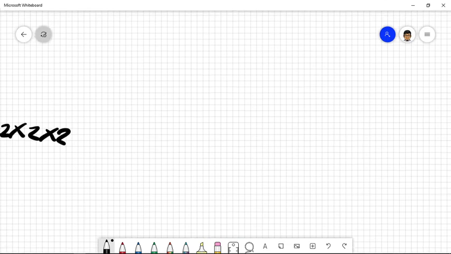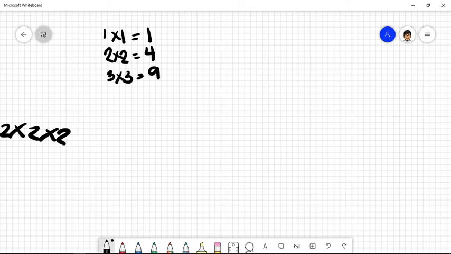Ang positive perfect squares ganito. When you multiply a number to itself, say for example, mag-start ka sa 1. To itself, so sa sarili niya, 1 times 1, ang sagot ay 1. 2 times 2, ang sagot ay 4. 3 times 3, ang sagot ay 9. 4 times 4, ang sagot ay 16. Ang tawag natin dito ay mga perfect or positive perfect squares. O ganyan makuha yung positive perfect squares.